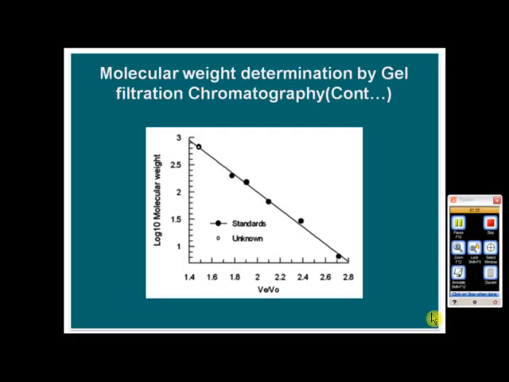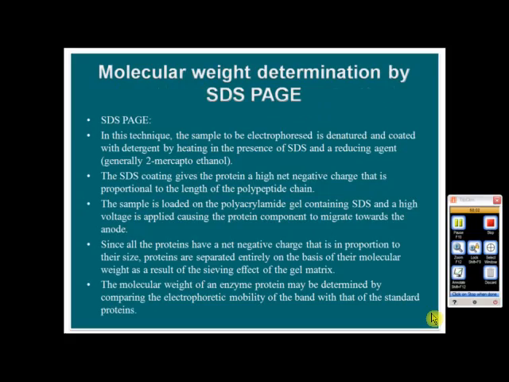That means at which fraction your enzyme is eluting and at which fraction the standard proteins, or known molecular weights, are eluting. If you plot the graph, you come to know that this fraction has this molecular weight, and if my enzyme is eluting at the same fraction, its molecular weight will be similar to the standard one.